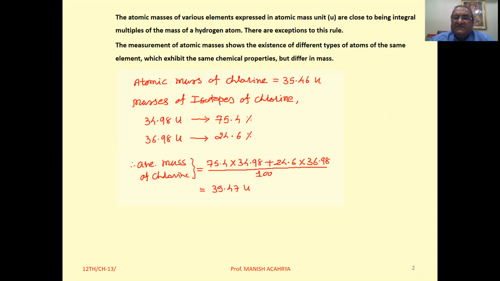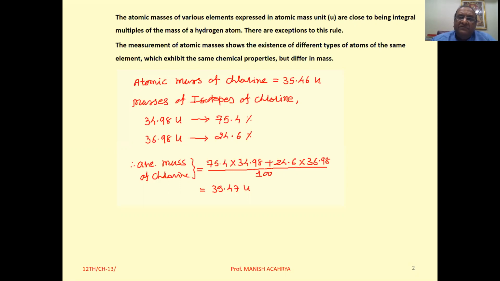But here, if we think about the isotopes of hydrogen, hydrogen, deuterium, tritium, all have one proton in the nucleus.